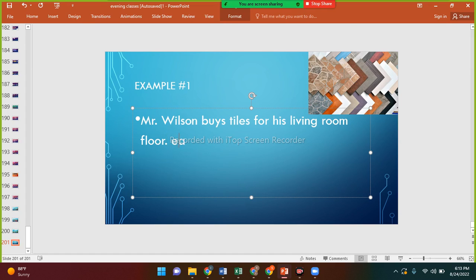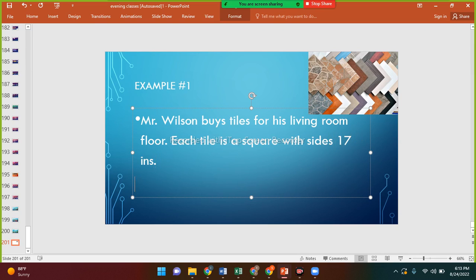Each tile is a square with sides 17 inches.